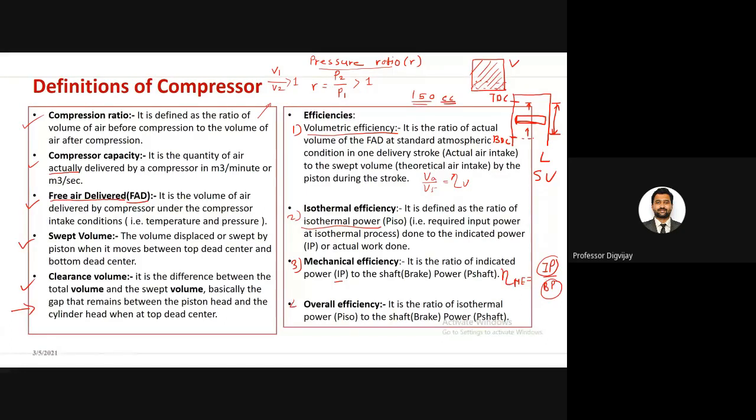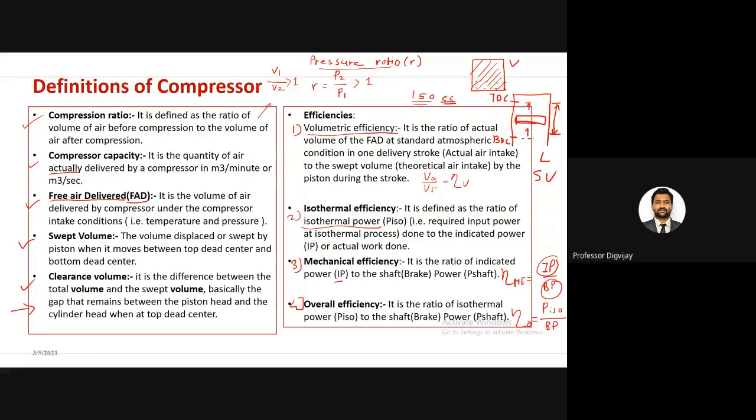Fourth one here is overall efficiency. It is the ratio of isothermal power to the shaft power or the brake power. So it is the ratio of isothermal power PISO divided by shaft power or brake power BP. So this will be your overall efficiency. Okay, so note it down.